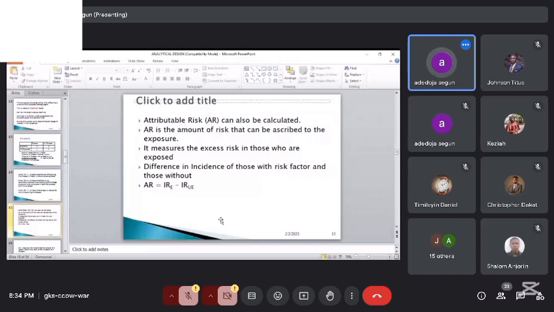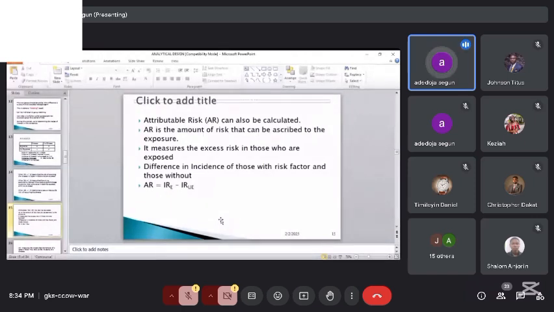Then the next aspect of analysis that we can do is to calculate attributable risk. Yes, it can be calculated for a cohort study. Attributable risk is the amount of risk that can be ascribed to the exposure, for the HIV and unprotected sex.